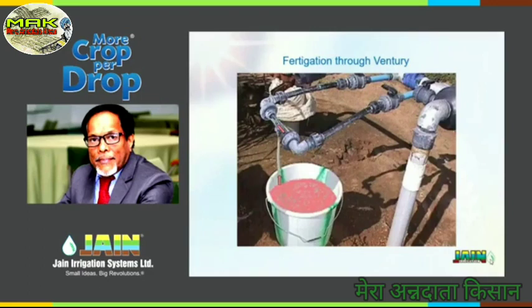It's exactly like taking a bottle of Coca-Cola, putting in a straw and sucking it up. It works by manipulating the hydraulic pressure coming with the water in the system. It's very simple, anybody can operate it, and it's less costly also.